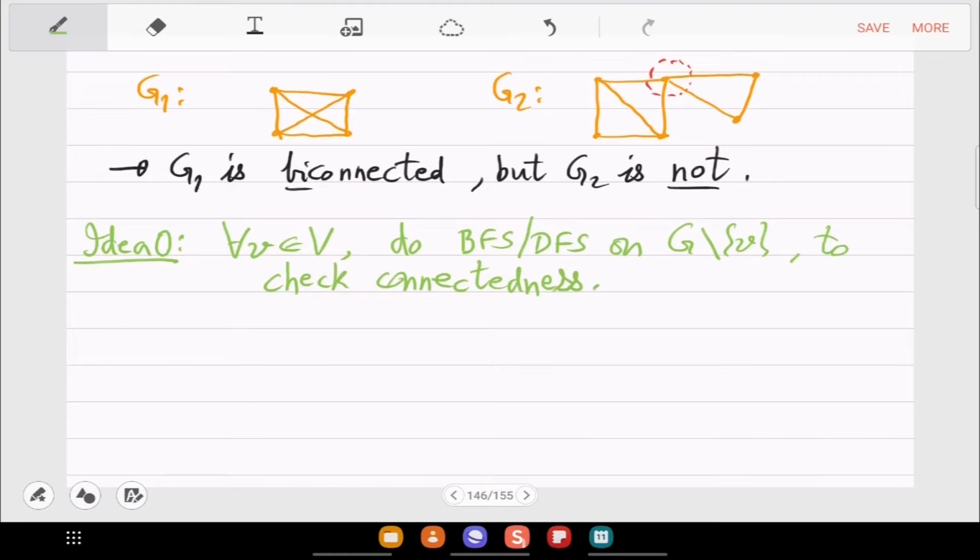So the time for this becomes quadratic because you are doing n times O of n plus m. Right? So first it was linear, now you are making it quadratic.